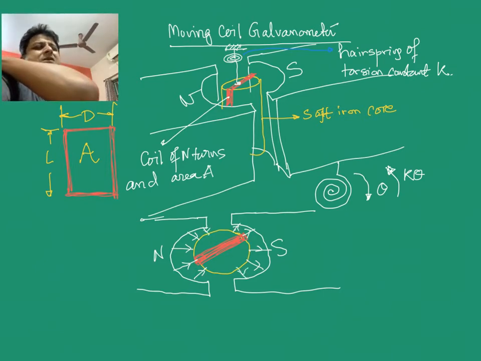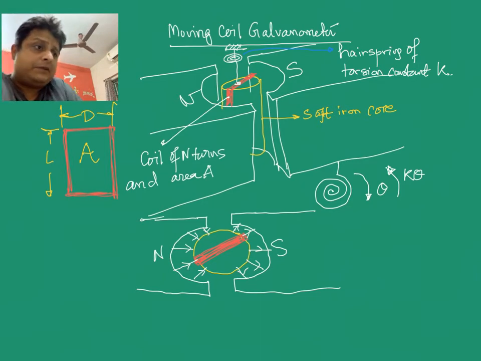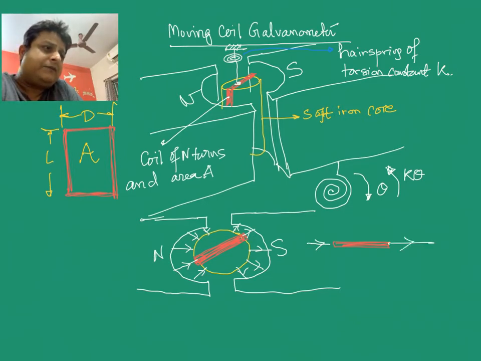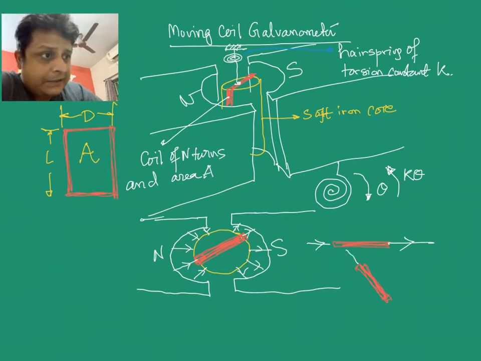Okay. So what happens actually, as you see, whatever the configuration of this coil, suppose this coil has rotated to a position here, then also if you look at the magnetic field, they are like this. And suppose the coil has rotated to this position, then also the magnetic fields are like this.